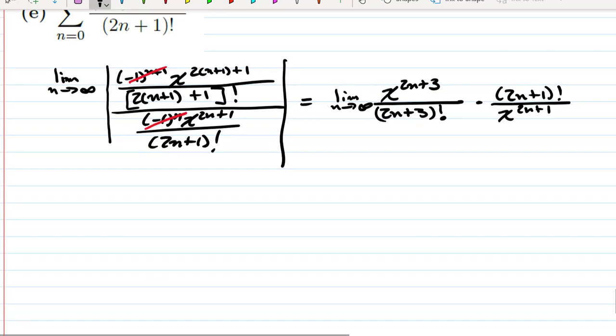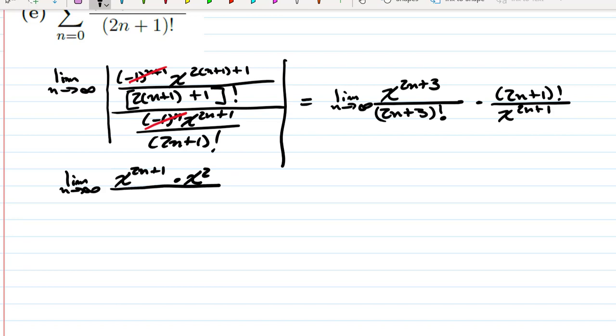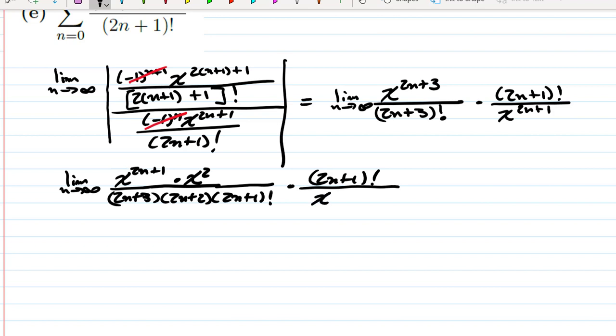So expanding some of these terms, we're going to have x to the 2n plus 1 times x squared, and then expanding our factorial, that's (2n plus 3) times (2n plus 2) times (2n plus 1) factorial, times (2n plus 1) factorial, all over x to the 2n plus 1.